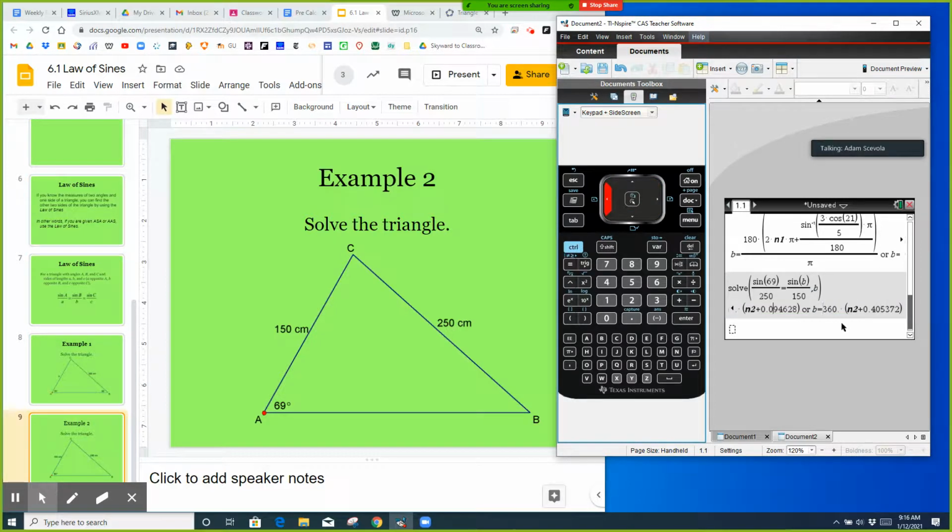It's giving us weird answers because we know that there are an infinite amount of values for B that work. So let's do this without the solve.